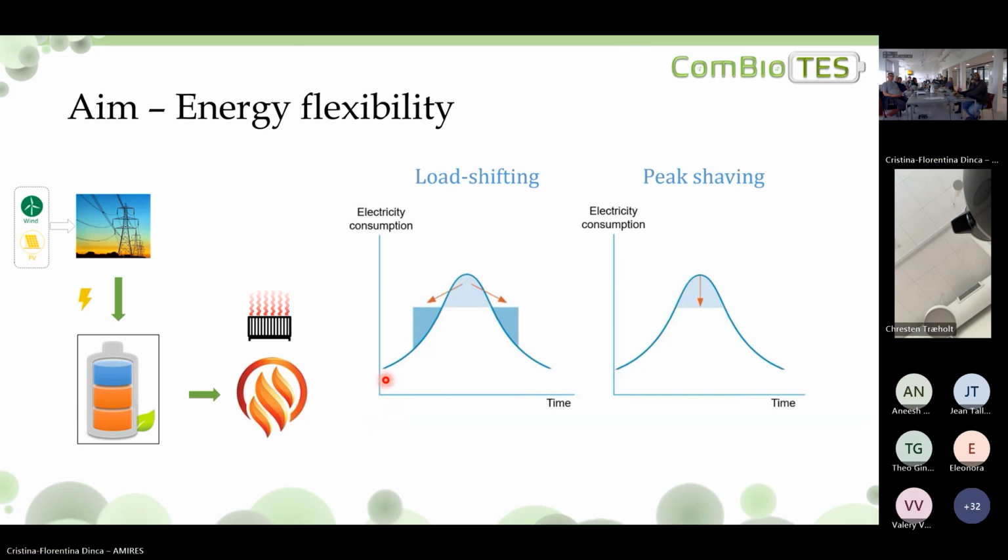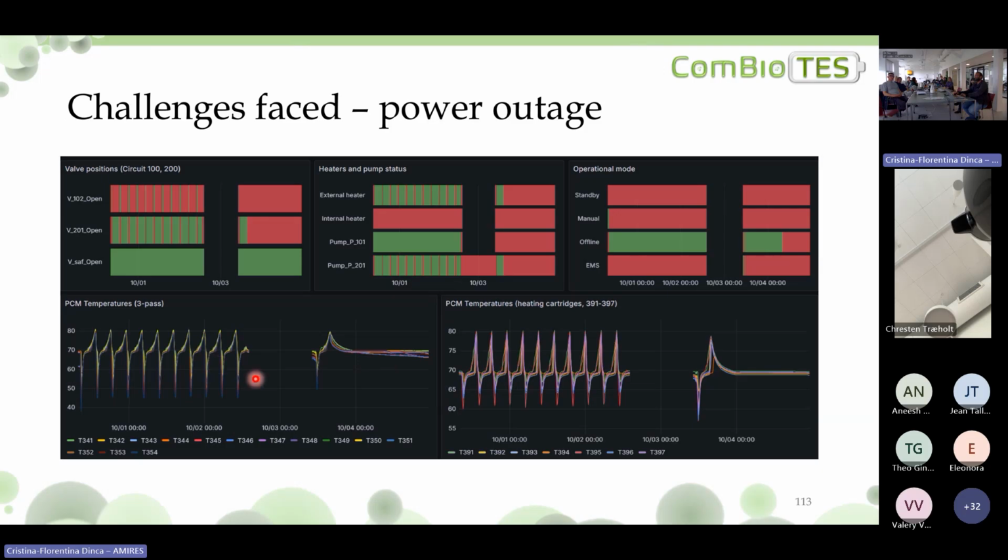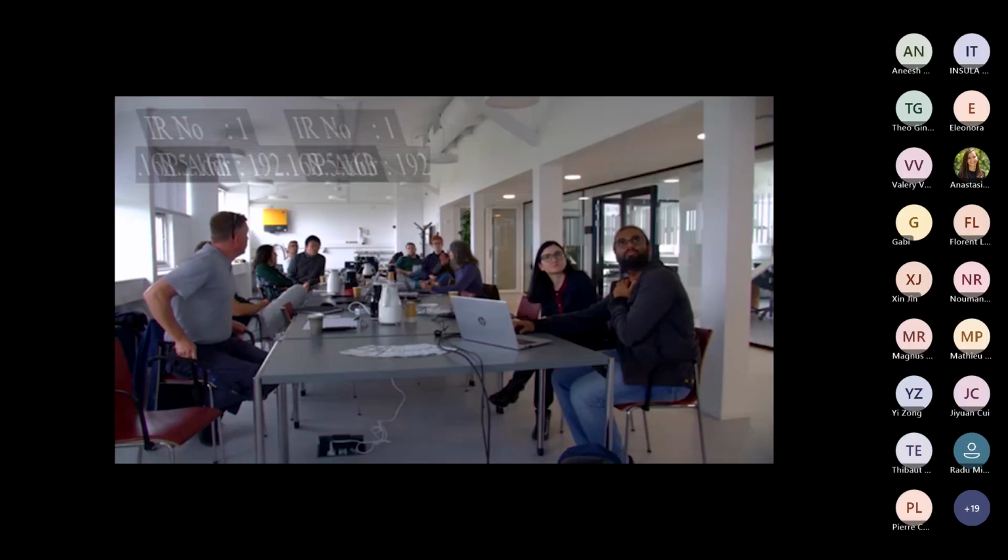Yes. So during the past 3 months of testing, we faced quite a lot of technical challenges. One is that sometime in the first week of October, there was a power outage in Denmark. And even at a research facility like DTU, all the systems.